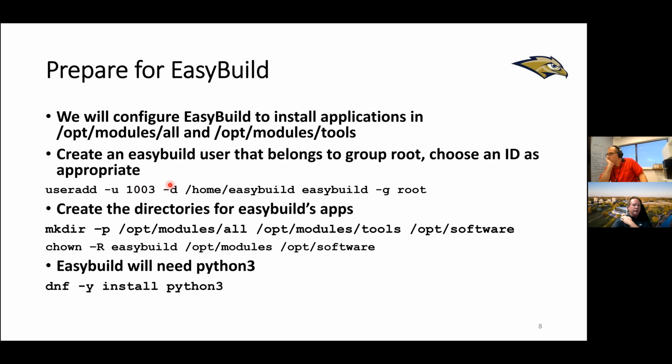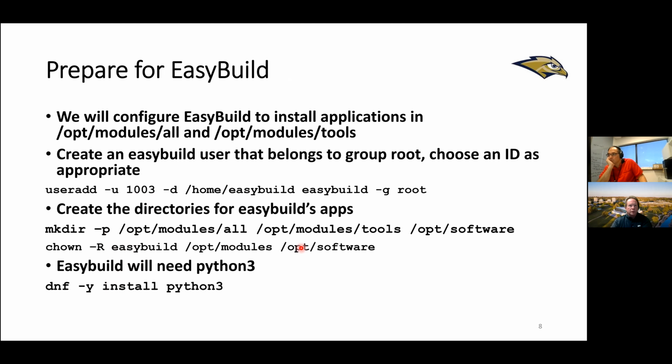So we create a user, we specify which user ID it is. You can go about that however you want, but we allow it to be in the group root. We add the user, and then we set up the directory, and we chown it to be owned by easybuild. Remember, we're running all of this as root right now. And then to be sure, if it's not already installed, we go ahead and install Python 3. And again, this is on the build environment.